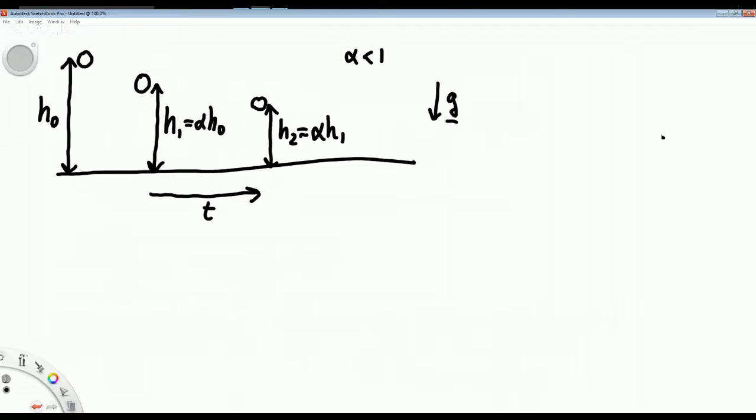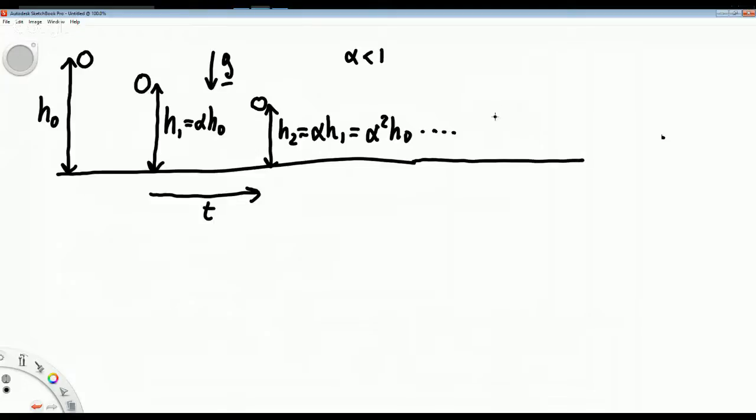And what about h1? h1 is given again by alpha h0. We saw this a second ago. So you end up with alpha times alpha h0, which means alpha squared h0. Let me just record here that gravity goes down. You can go on and on, of course.